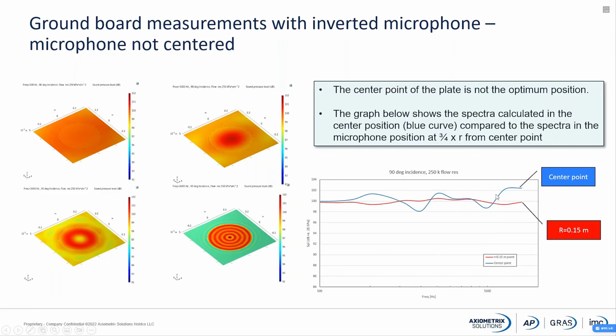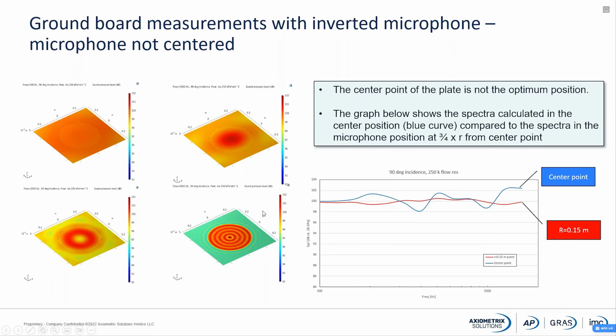So it is not a very flat response if you put it directly in the center of the plate. The red curve here is the stipulated position in the standard, which means a radius of 0.15 meters from the center point, and that is giving a much flatter response. You can see here we have been using 94 decibel, and then there is a pressure doubling, which means that it is measuring 100 decibel.